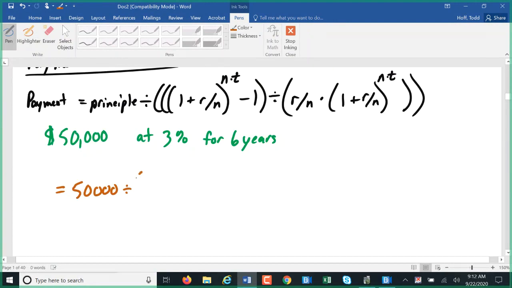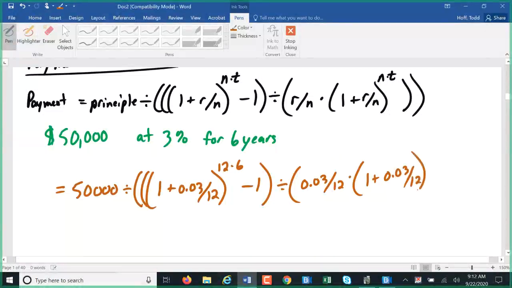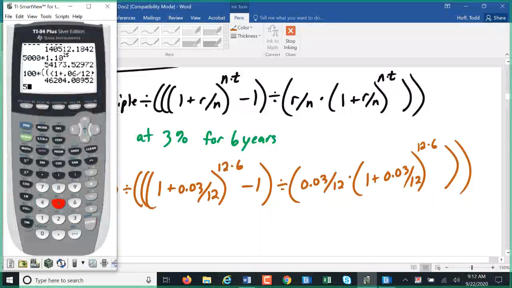So we got our $50,000 divided by (1 plus 0.03. You make your payments every month, so that's going to be divided by 12. The power of 12 times 6, minus 1), divided by 0.03 divided by 12 times (1 plus 0.03 divided by 12) to the power of 12 times 6 again. Let's see what this payment is for a $50,000 truck.